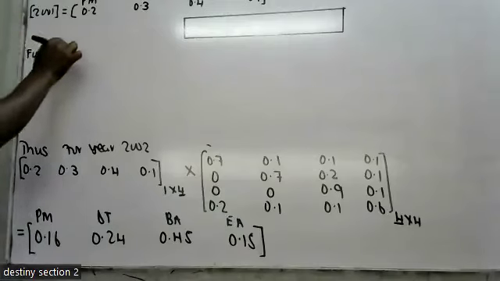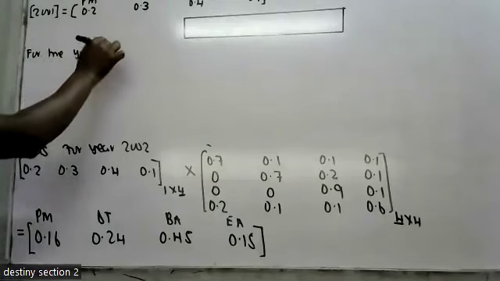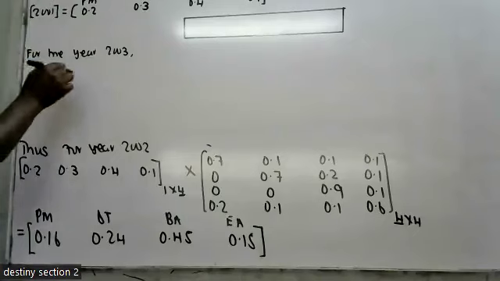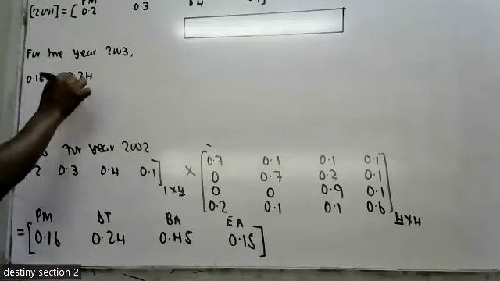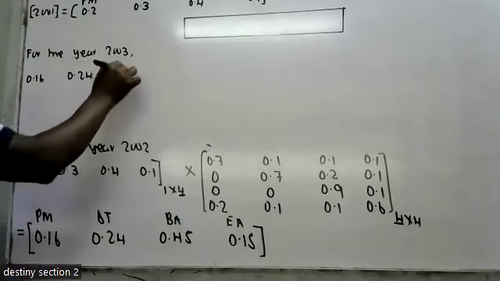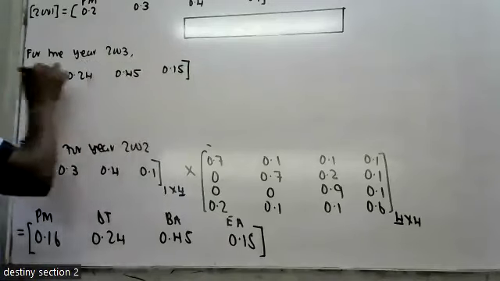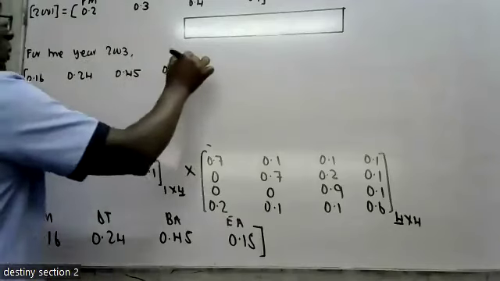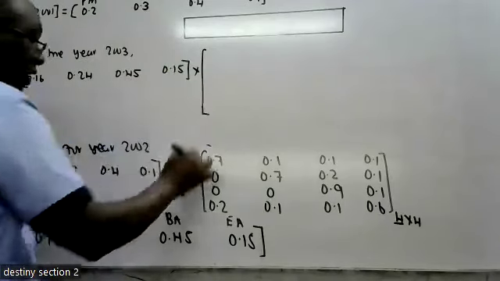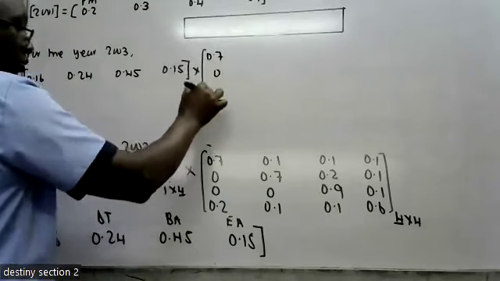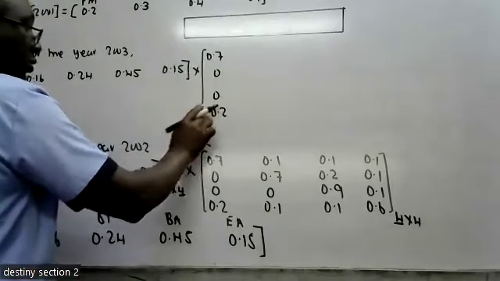So for the year 2003, you now take the 2002 as per our formula there. So I'll take 0.16, 0.24, 0.45, 0.15. You multiply by the transition matrix, which is 0.7, 0, 0, 0.2.